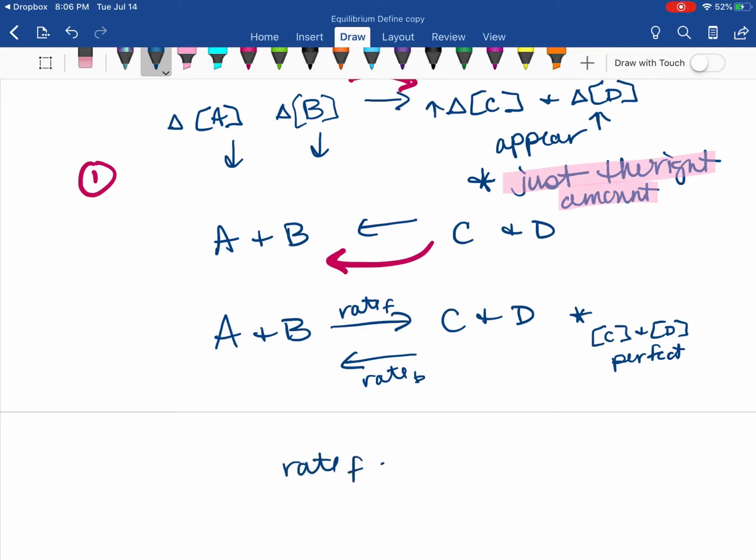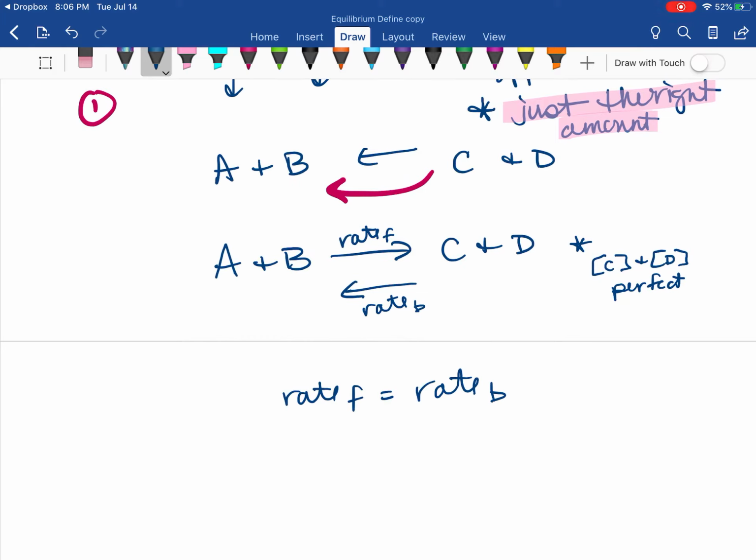If our rate forward and our rate backward are equal, we have a phenomenal setup where, how in the world would you have any idea? If you are literally disappearing A and B at the same rate that you're turning right around and appearing A and B, how in the world would you ever know? So let's get practical then.